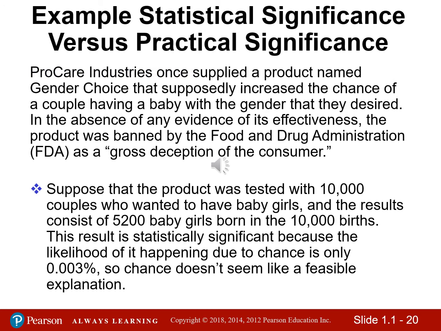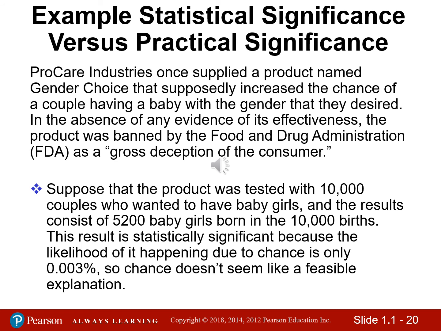Let's consider another example. ProCare Industries once supplied a product named Gender Choice that supposedly increased the chance of a couple having the baby with the gender that they desired. Let's suppose that the product was tested on 10,000 couples who wanted to have baby girls, and the results consisted of 5,200 baby girls born in the 10,000 births.